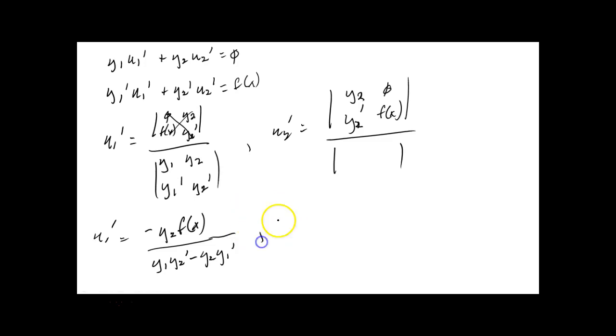Plus, u2 prime would be y1 f of x minus 0, over the same denominator, y1 y2 prime minus y2 y1 prime. Okay.